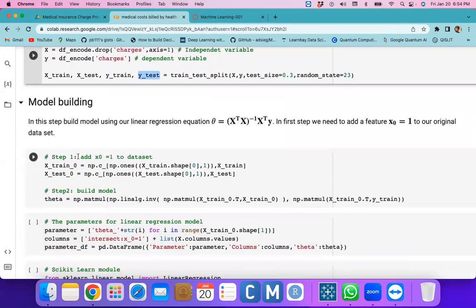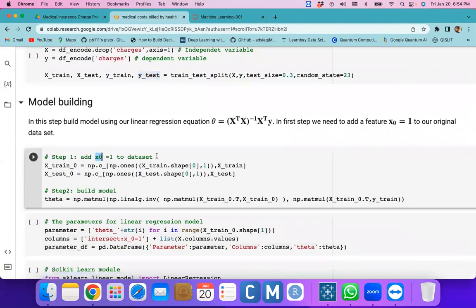For building the model, step number one, we add x0, which is 1.